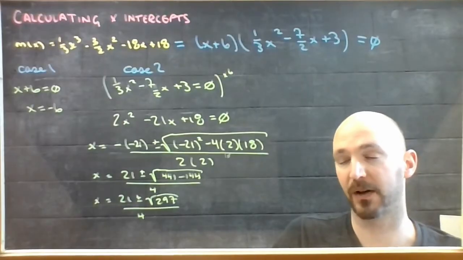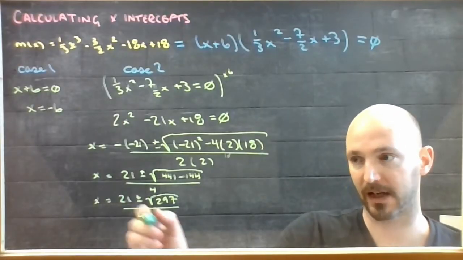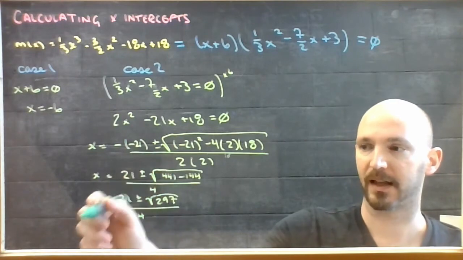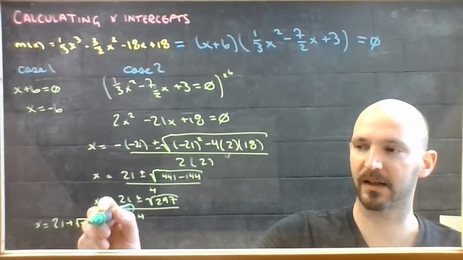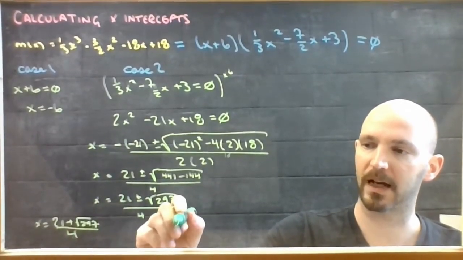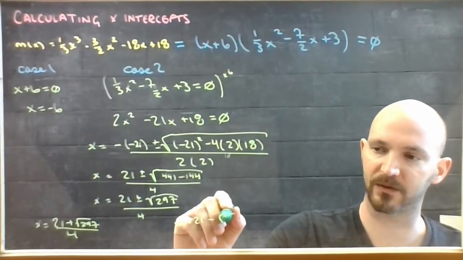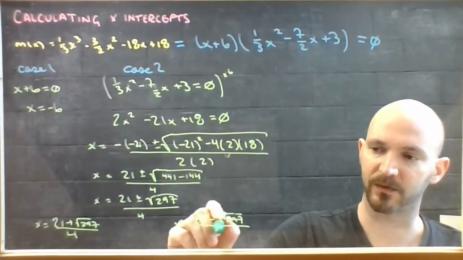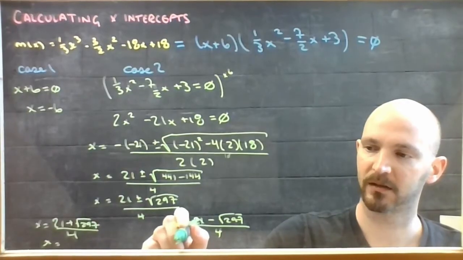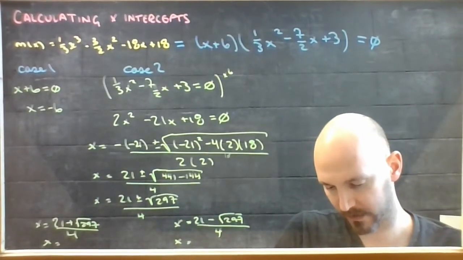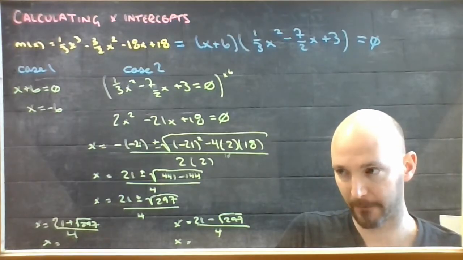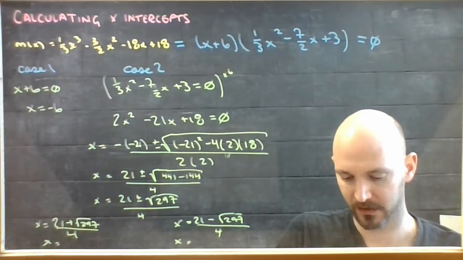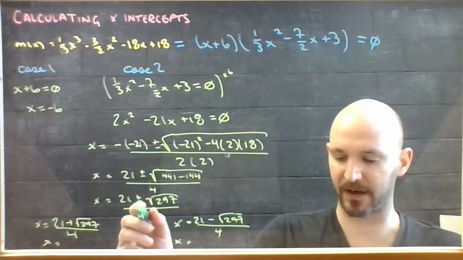And this is not a clean square root, so I'm going to have to use my calculator to do this. Either x is 21 plus the square root of 297 over 4, or x is 21 minus the square root of 297 over 4. The square root of 297 is around 17.2, plus 21, divided by 4 gives me about 9.56.